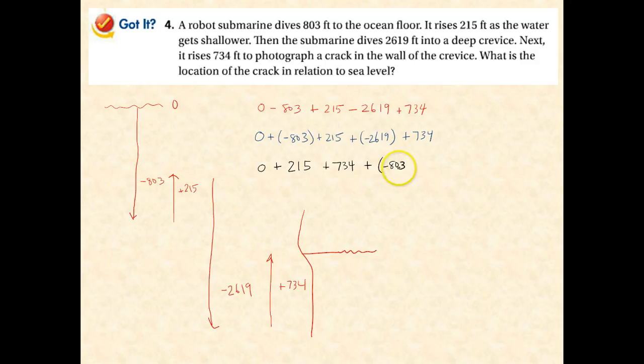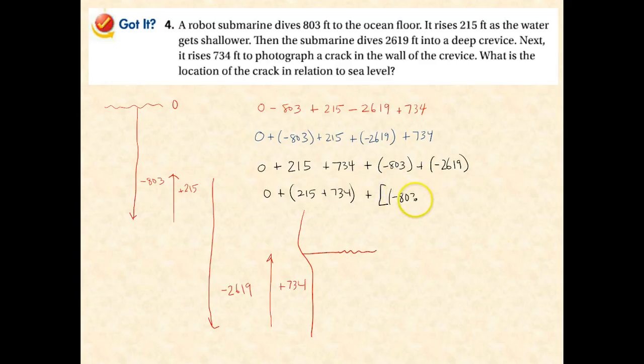Negative 803 plus negative 2,619. Then I can use the associative property. 215 plus 734 plus, you put a bracket when you're going to have parentheses inside of parentheses.